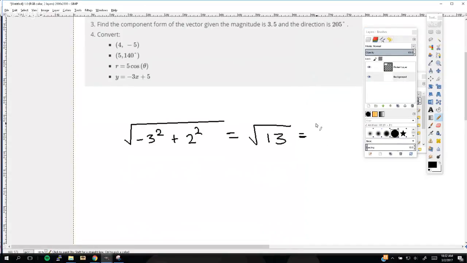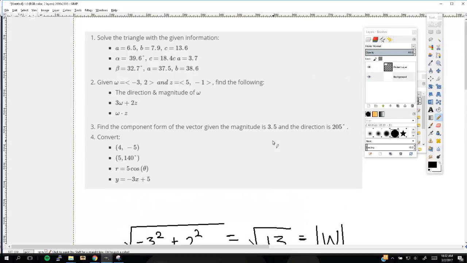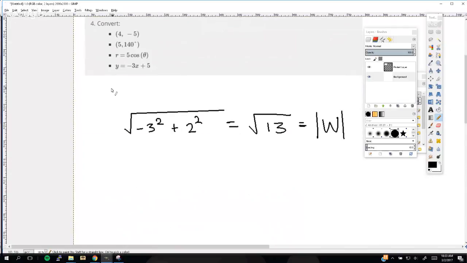And then for the direction, that's B, which is 2, not -2, over 13, which I have no idea what that is. You can just write it in decimal though, can't you? Yeah.